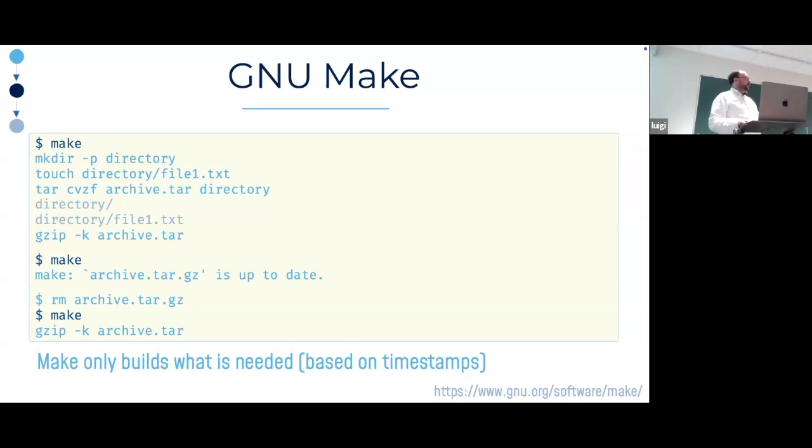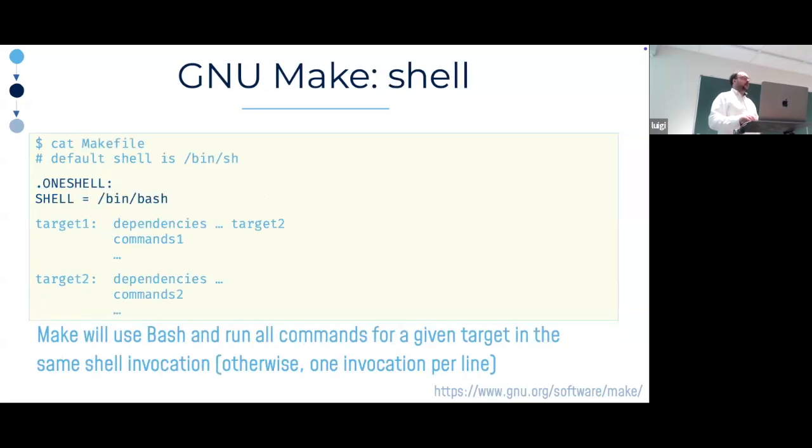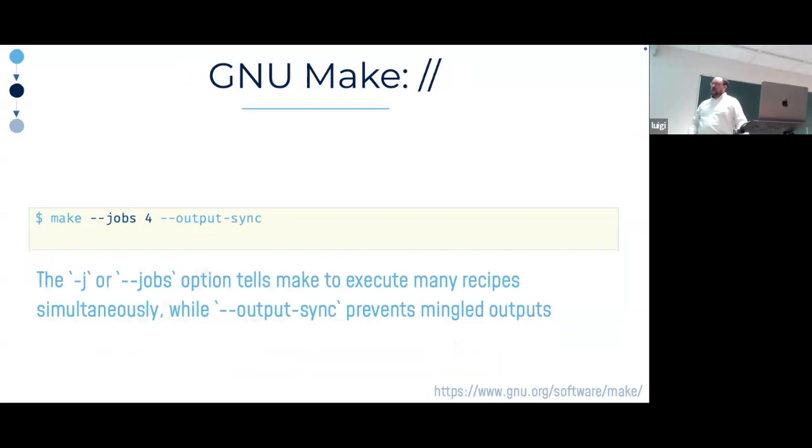Any question about make? Okay, this was just a quick recap. The nice thing is that in make, you can specify the shell. So by default, the shell is bash, but it does not prevent you from, sorry.